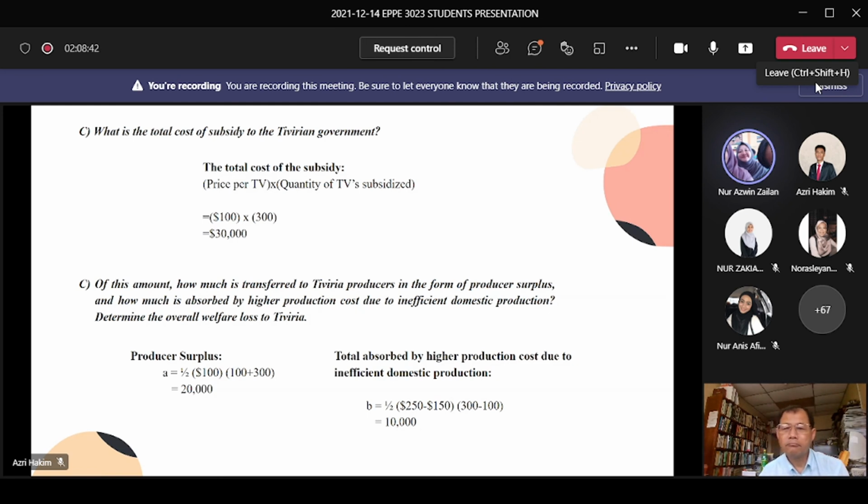So of the subsidy, 20,000 is transferred to TVRIan producers as producer surplus. This means that the remaining 10,000 of the subsidy is absorbed by higher production costs due to inefficient domestic production. This amount of 10,000 also reflects the overall welfare loss to TVRIa under the subsidy.